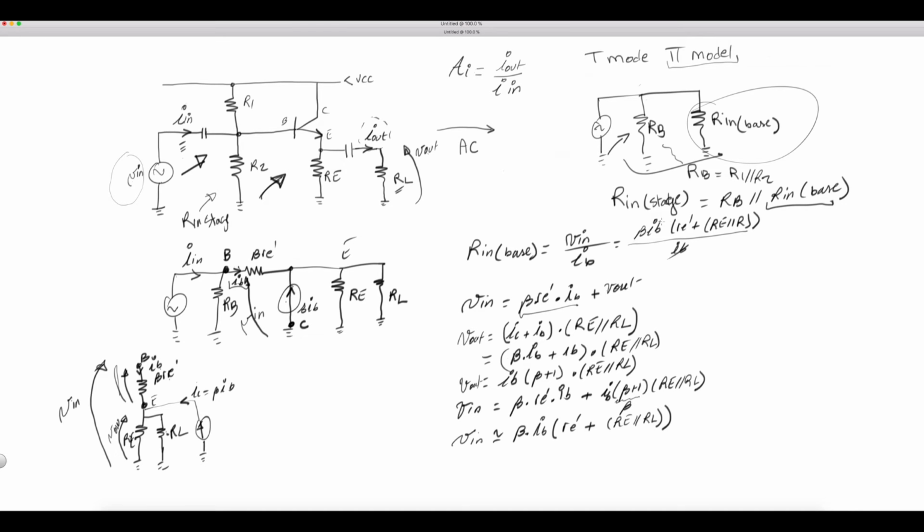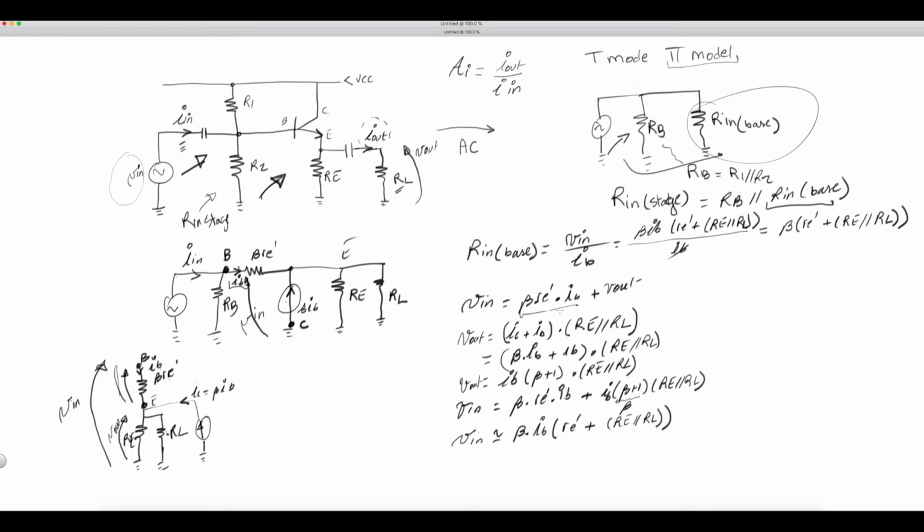We can get rid of IB. So Rn at the base is beta RE prime plus RE in parallel with RL. And that's an RL here.